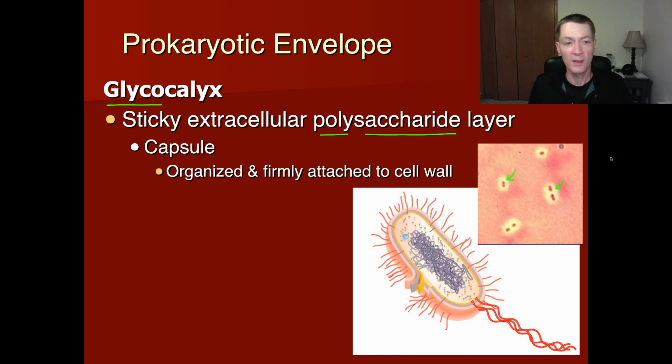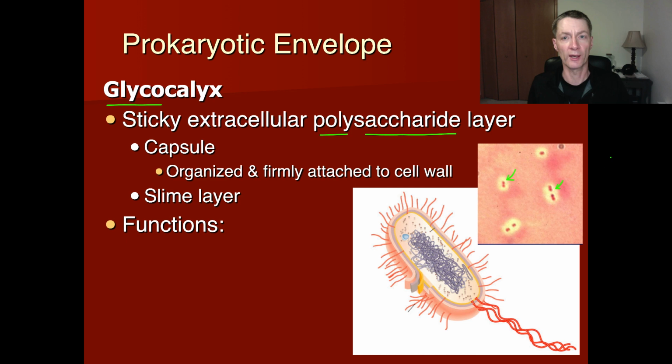It may be a capsule, or it may be a slime layer. So there are two different kinds of glycocalyces. A singular would be a glycocalyx, that we might see on the outside of these prokaryotes.